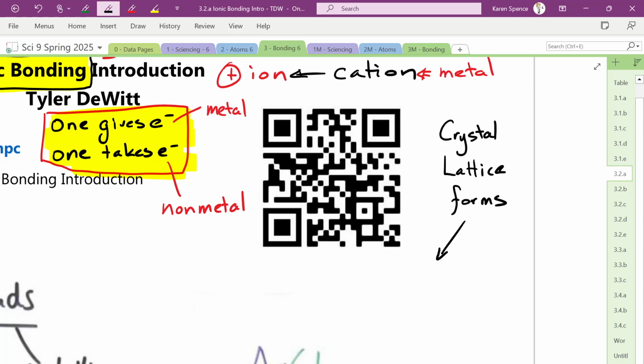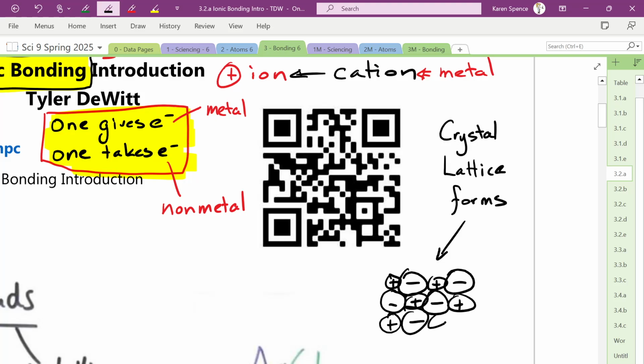Cation and then anion, cation, anion. So plus, minus, plus, minus, plus, minus, plus, minus, and I'm going to say that's big enough because that was tiring to draw even just that, okay?